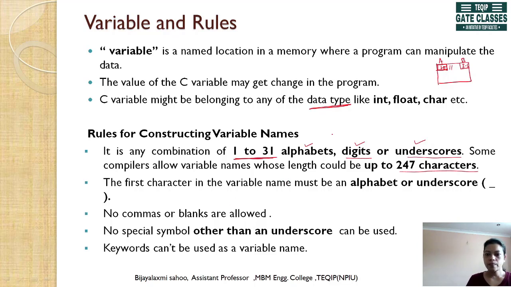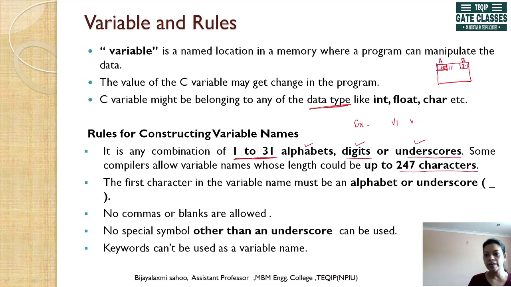And there should not be any space between the characters. For example, suppose I am creating a variable like V1. That is a combination of an alphabet as well as a digit. There should not be any space between your alphabet and digit.